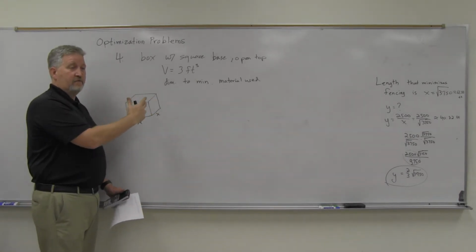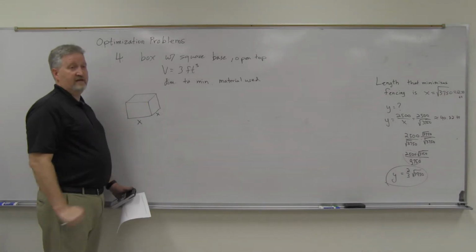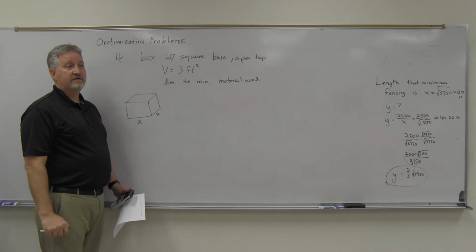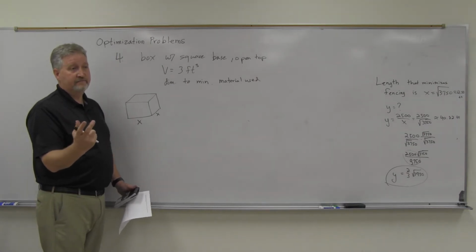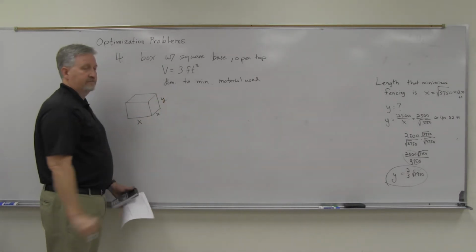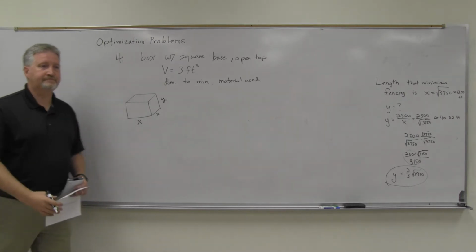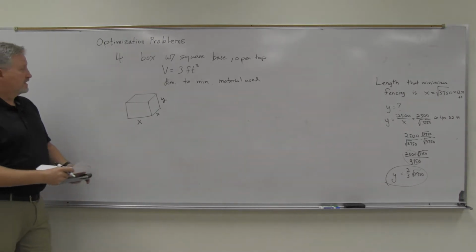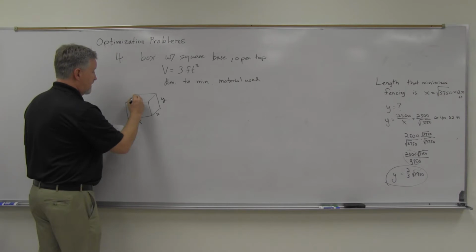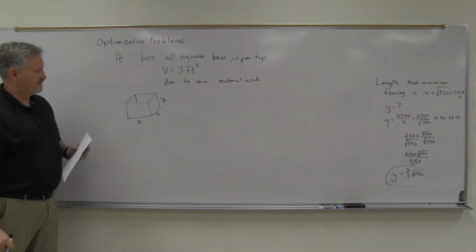It doesn't say anything about what the height could be. The length and width have to be the same because it's a square base, but the height doesn't have to be the same, so we call that a different dimension. We'll call it y. Now it doesn't have a top, so we draw that in.